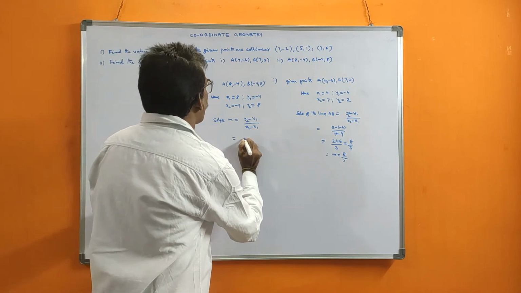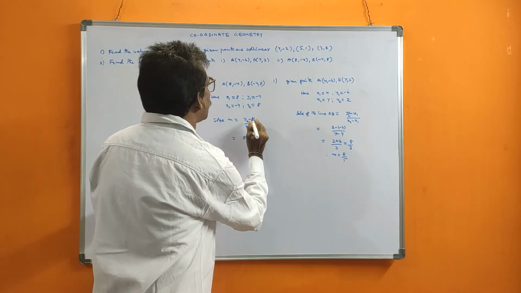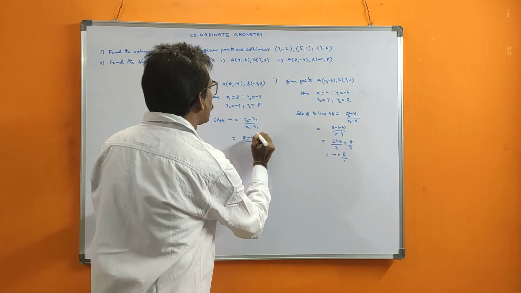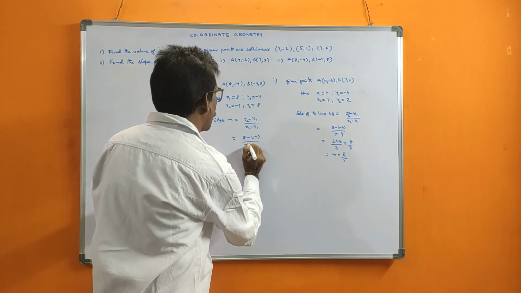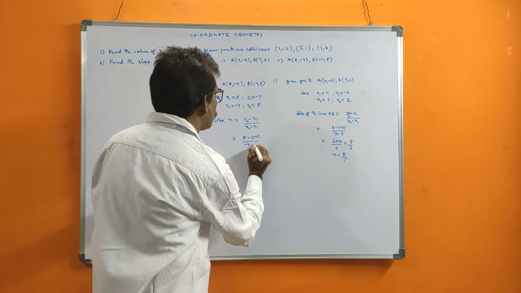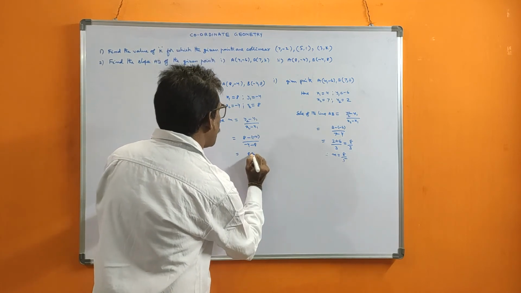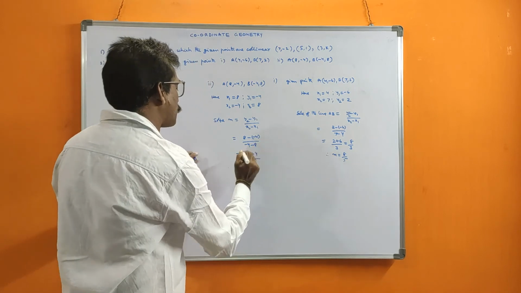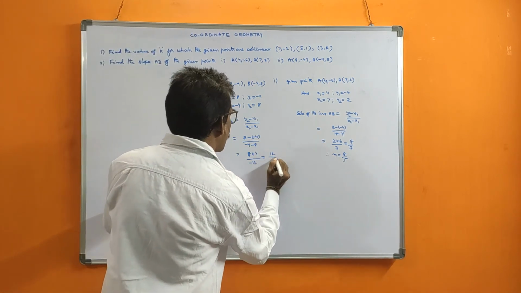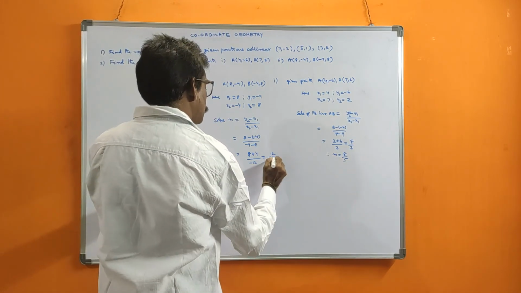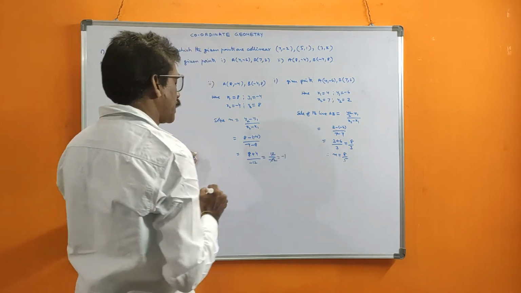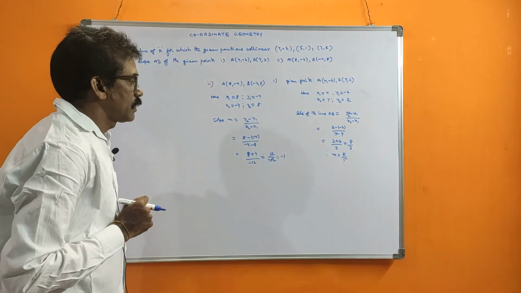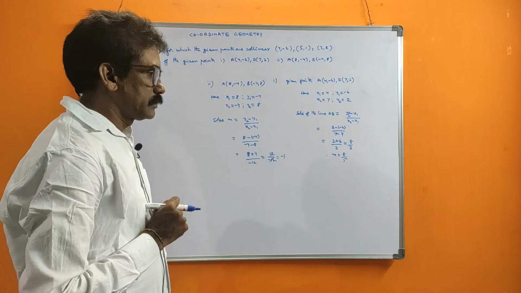That is y2 is 8 minus y1 is minus 4, 8 minus of minus 4, by x2 is minus 4 minus x1 is 8. That is 8 plus 4 by minus 12. Both are minus, we should add. So this is plus 12 by minus 12. That is minus 1. The slope is minus 1.